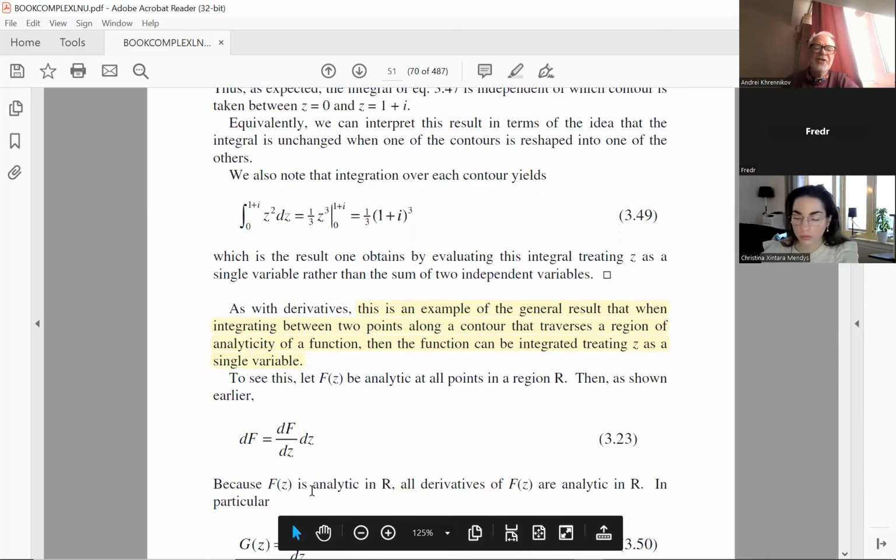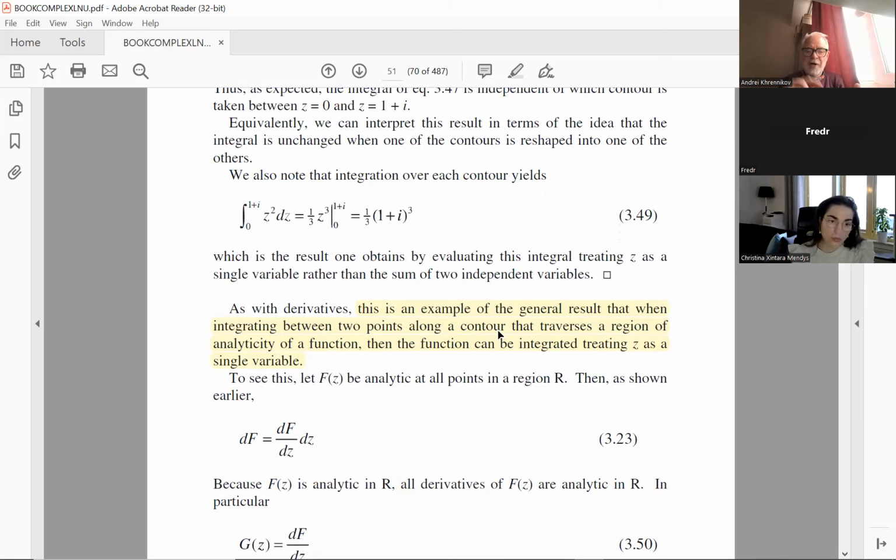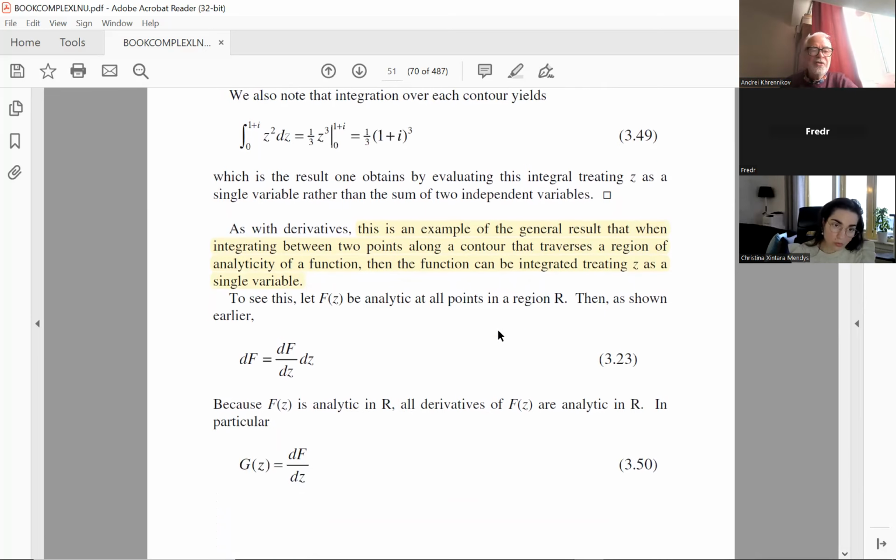This is more or less what I wanted to tell you: if the function is analytic, then the integral between z1 and z2 does not depend on trajectory, so it does not depend on parameterization. You even need not think about parameterization in many cases. And you should do the same as you did in real analysis. For example, you can find the differential of our function, df.